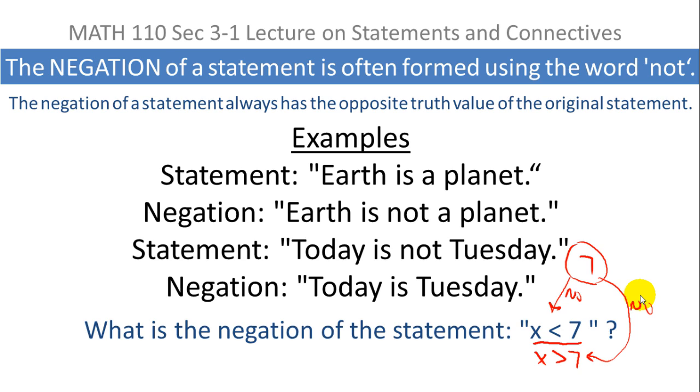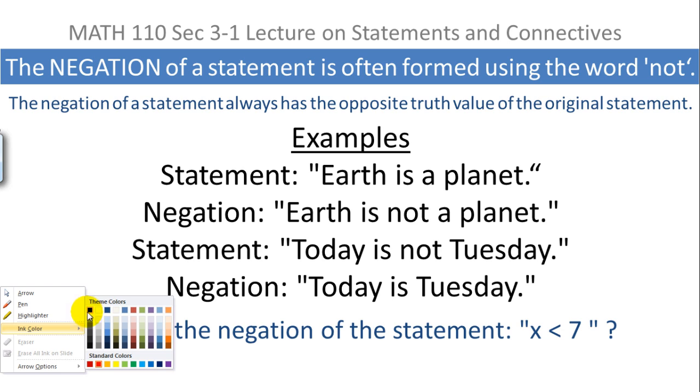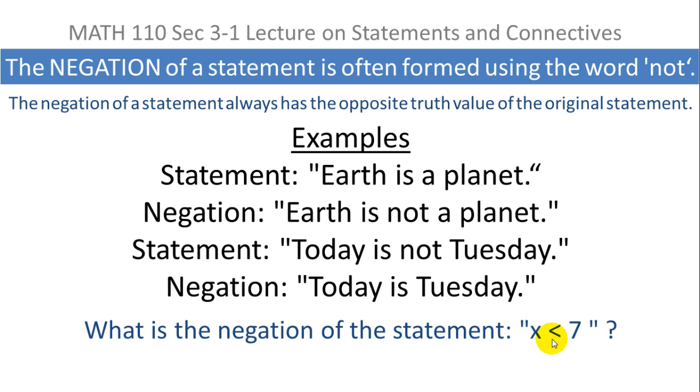So the punchline here is that, and let me get rid of some of this so you can see it better, the punchline is: if you have an inequality in a statement and you want to form the negation, if it doesn't have an or equal to in the original statement, the or equal to has to go in the negation. So the negation of x is less than 7 is x is greater than or equal to 7.